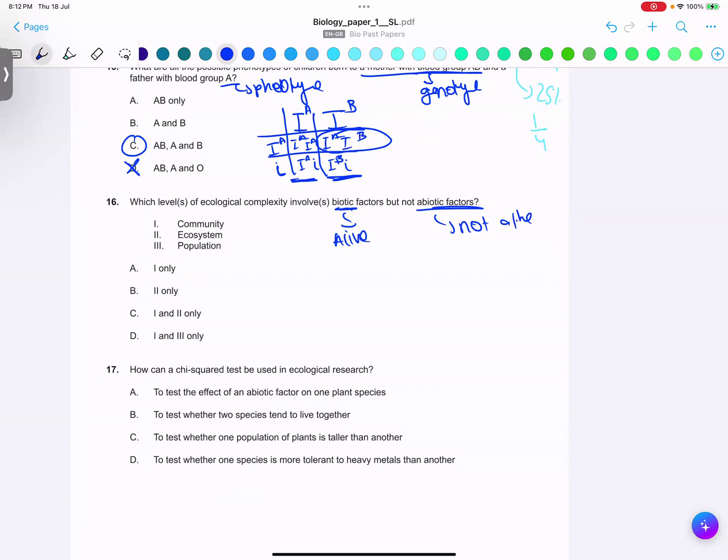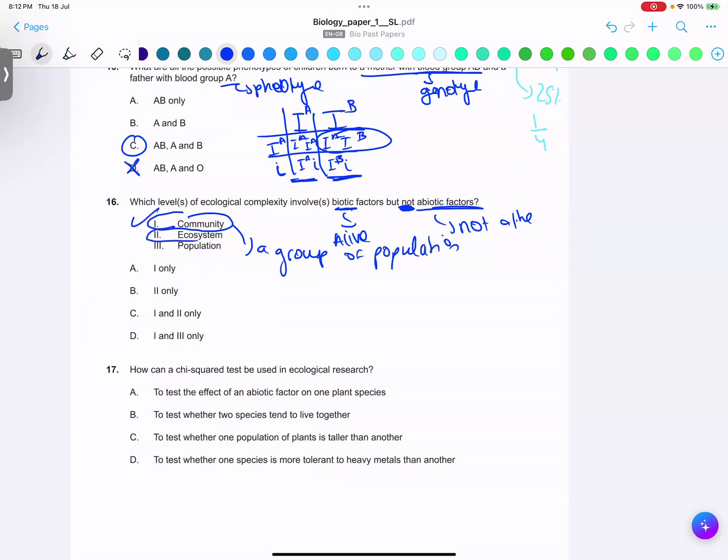So these are only not abiotic factors. This is how you have to literally read your question really well. The community is basically just a group of populations, so hence it is technically correct.